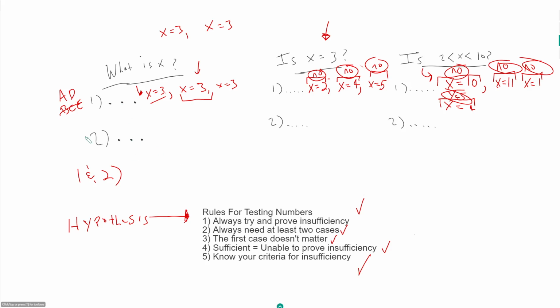And sometimes I can see that I can reuse 2 examples between the examples I chose for statement 1 and 2 that together make it insufficient, even when looking at them together. And so I don't have to really do any work when looking at the 2 statements combined. And so I think testing numbers is very useful. I definitely do not think of it as the wrong way of doing something.